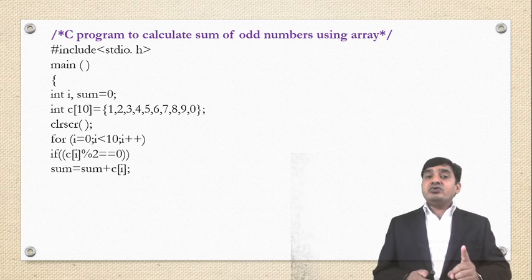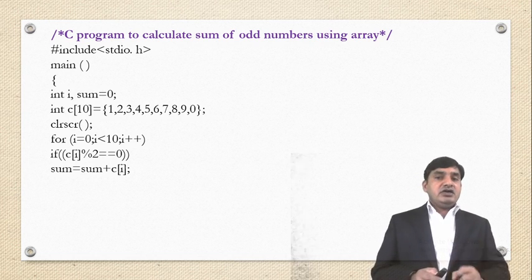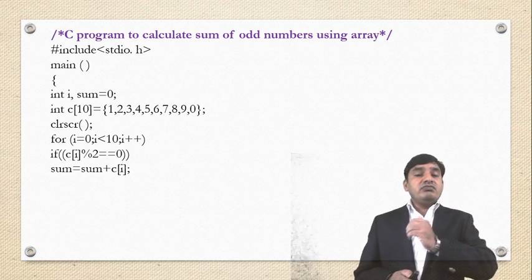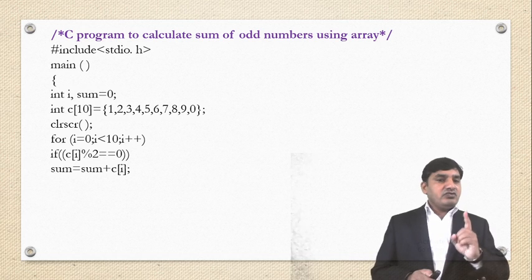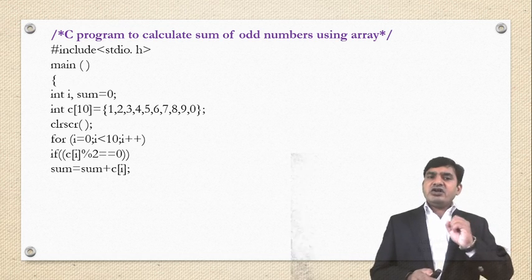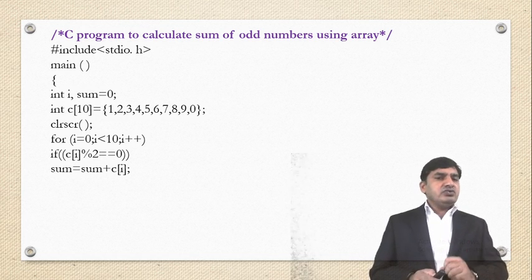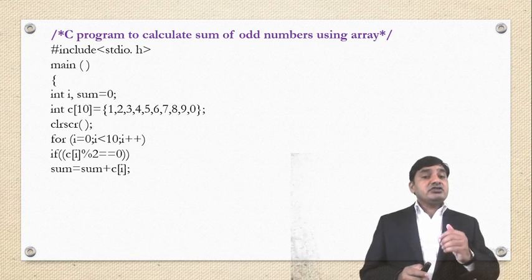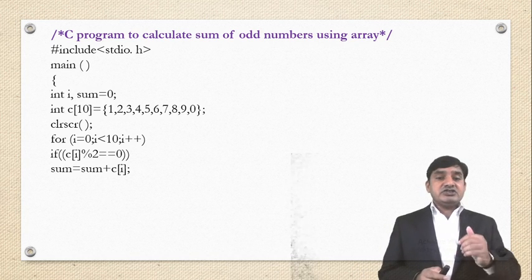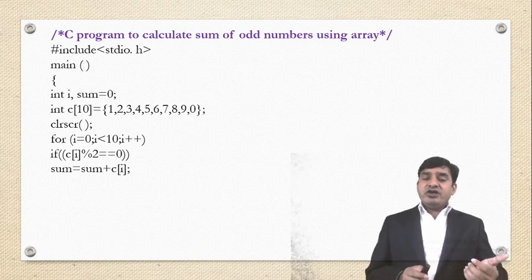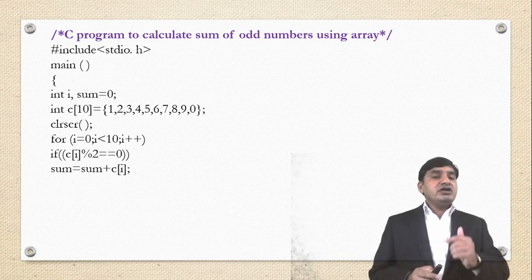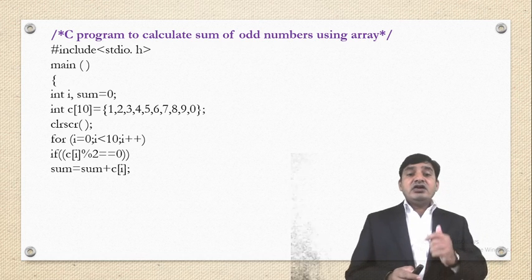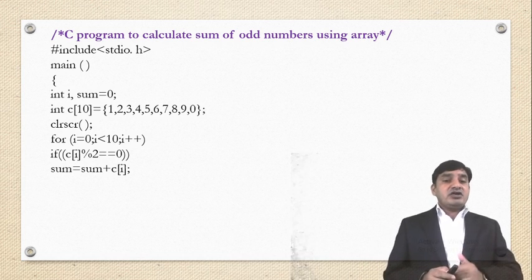We have to add all odd numbers using the array. First is 1, which is an odd number. Second is 2, an even number. Third, 3 is an odd number. Again 4 even. 5 is an odd number. 7 is an odd number. 9 is an odd number.